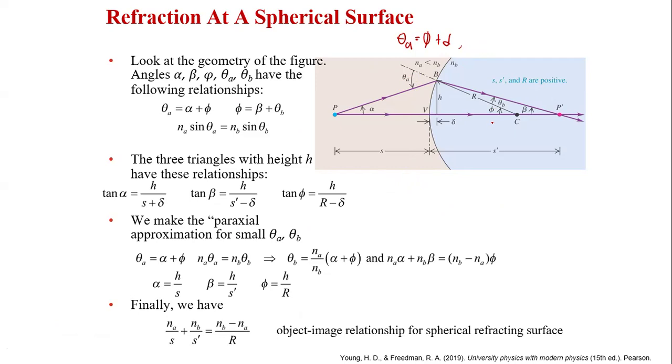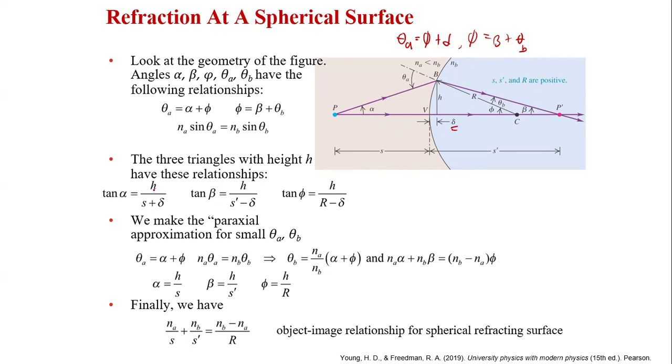And we have phi is equal to beta plus theta B. And we can have the tangent of this one. So tangent of alpha, so this distance here is equal to this one.